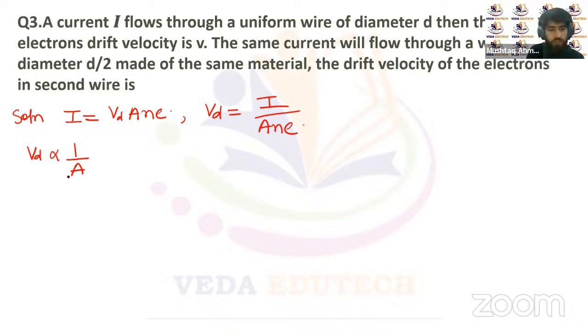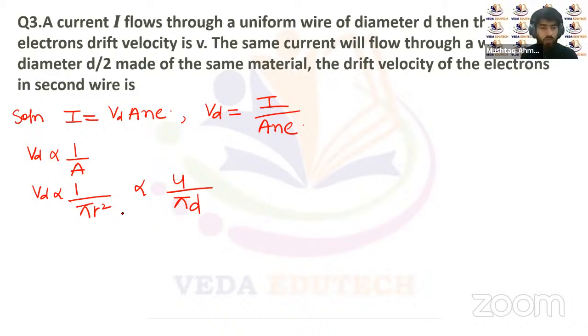Now the area of cross section is given by pi r square. So it will be proportional to 1 upon the radius squared, and the radius is half of the diameter, so it will be d by 2, whole square, which gives a factor of 4, that is 4 upon d square. So the drift velocity is actually inversely proportional to the square of the diameter.